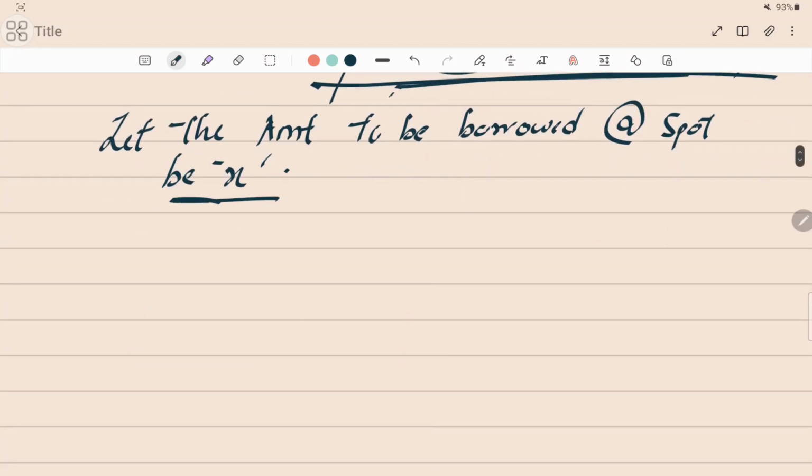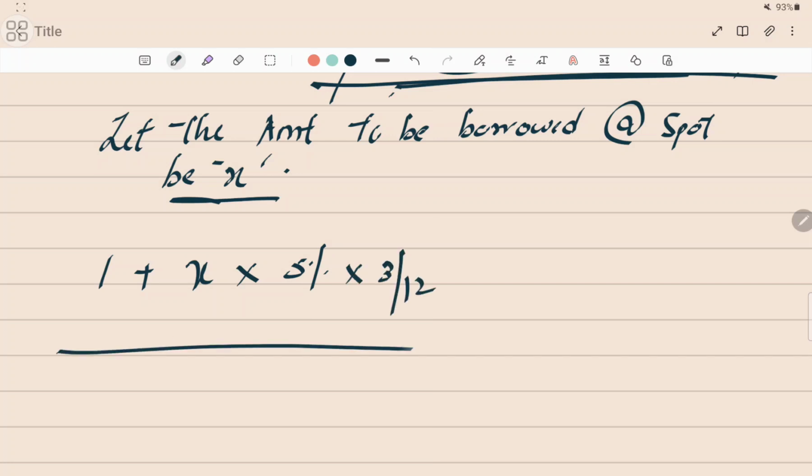Very simple. It's a mathematical equation, but very logical. There's no formula as such. So 1 plus 5% into 3 by 12, this entire thing has to be equal to 5 lakh at the end of the 3-month period.